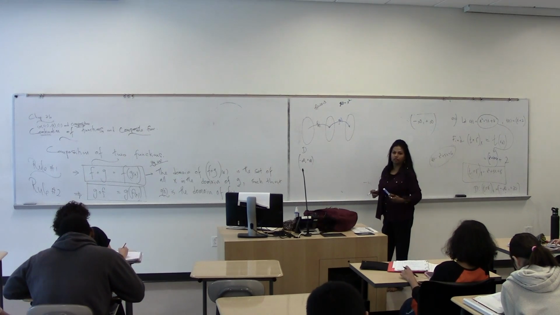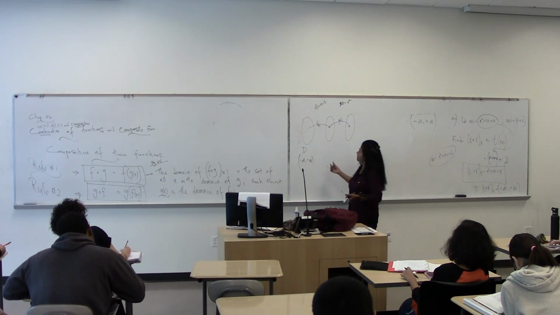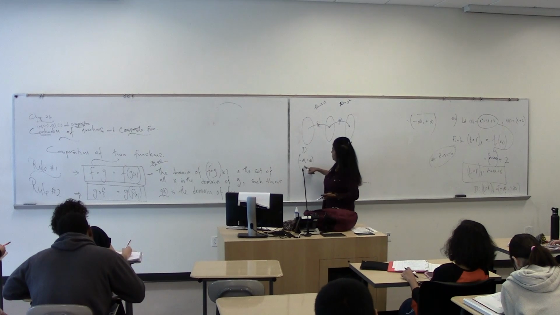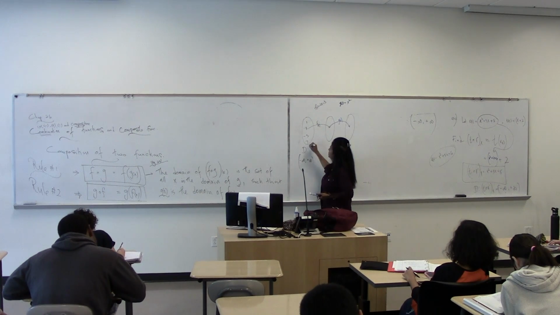Now, look what's happening. Pick a number, say 1. Any number from this domain: I could pick 1, negative 3, negative 5, or 7.